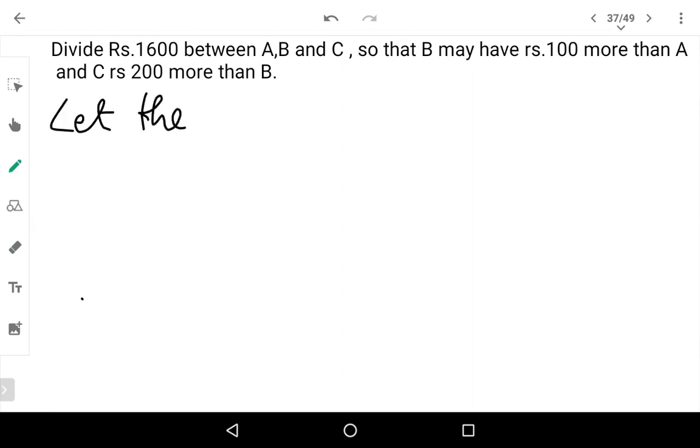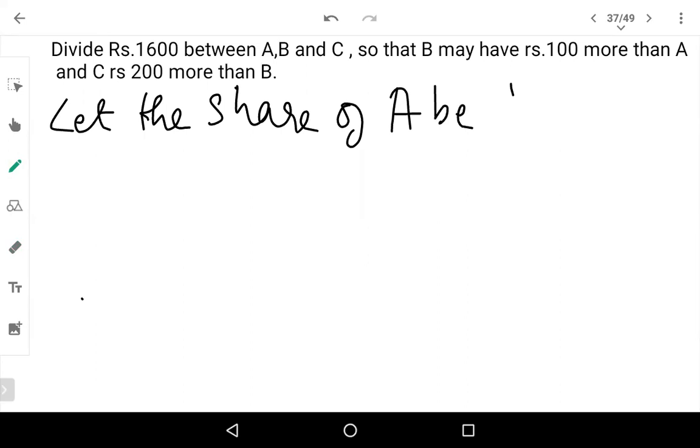Let the share of A be rupees X. That will be better, because we are dealing with money here anyways.